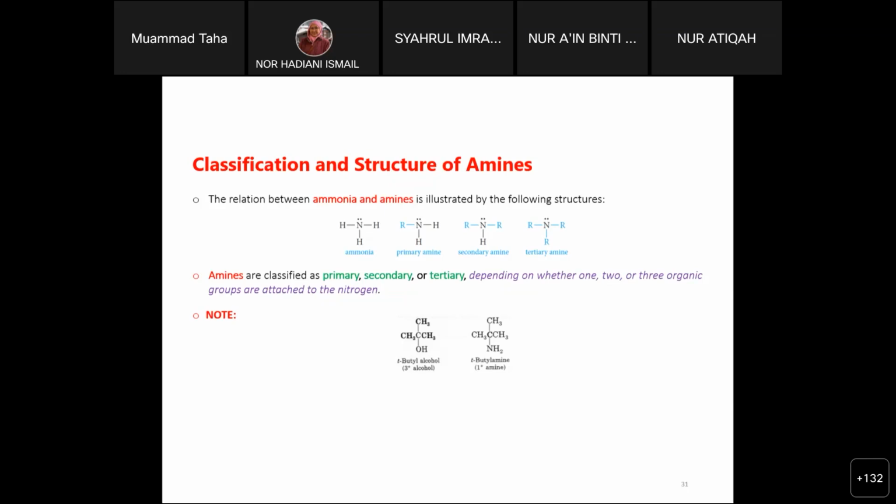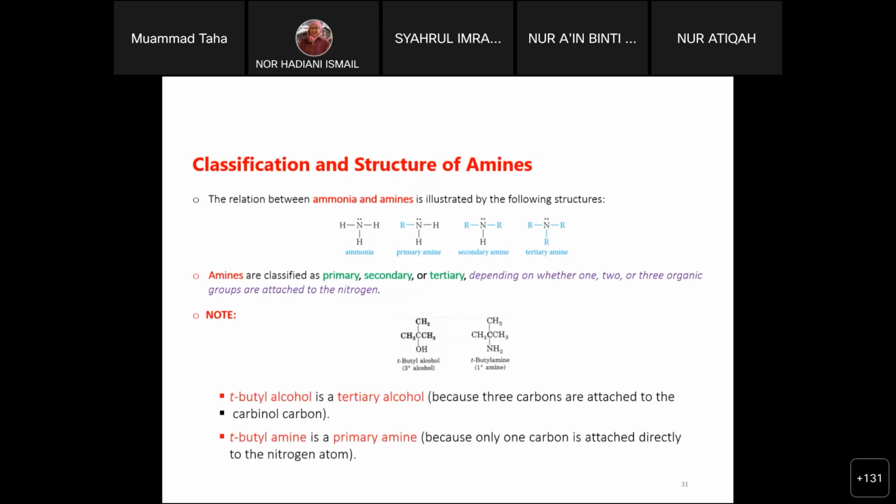Go to the further detail. So this is a tertiary alcohol, you can see that this is tertiary butanol. You can see that the carbon bearing the oxygen is attached to three carbons. But when we come to the amine, this is a primary amine.